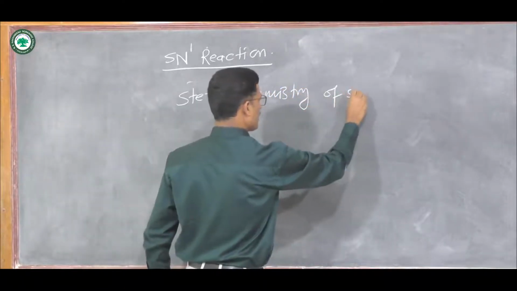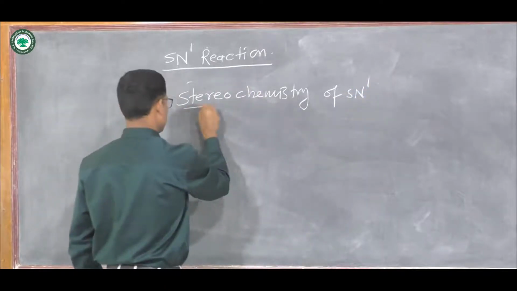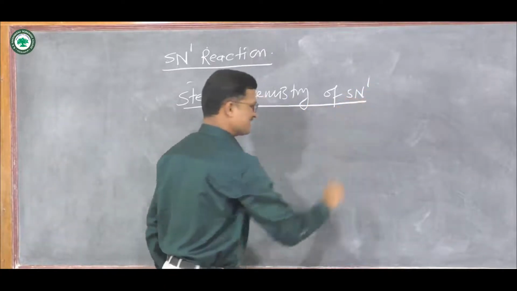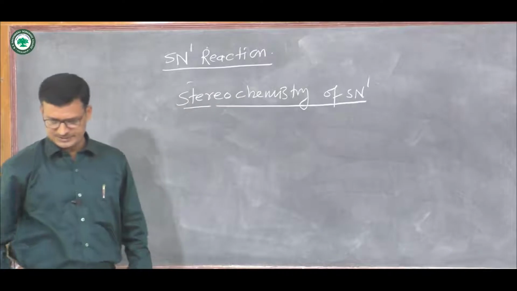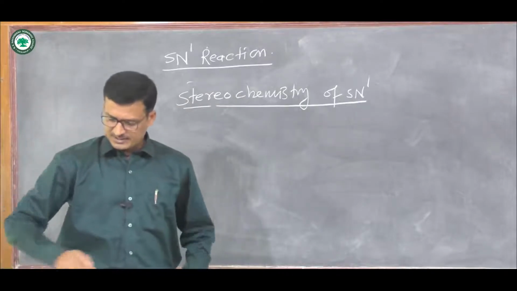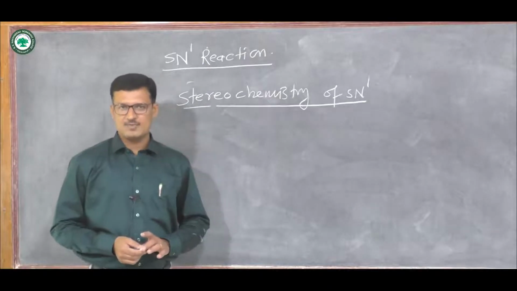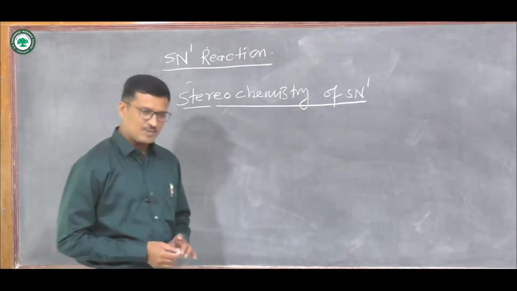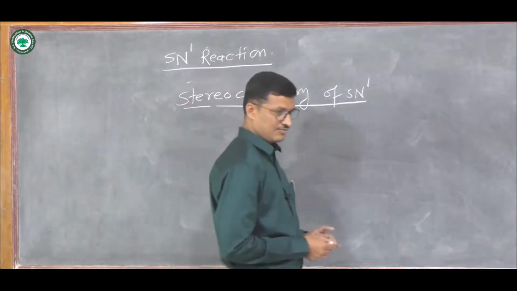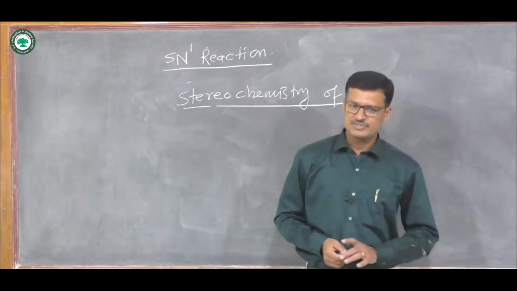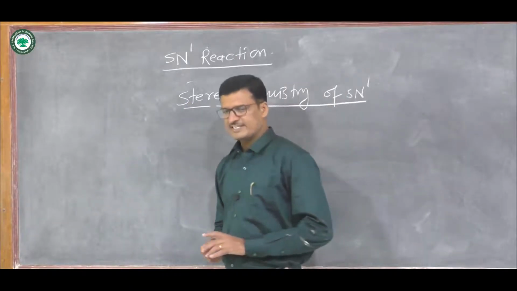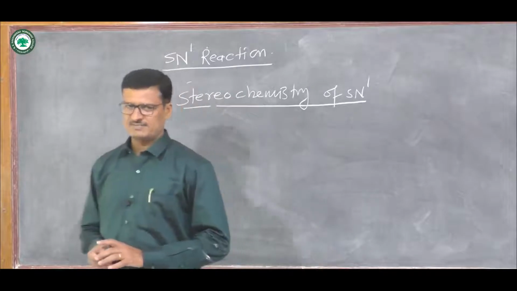Stereochemistry of SN1. So what happened in case of SN1, we already discussed. We have seen that in SN1 reaction there is a formation of a planar carbocation. And when the planar carbocation formation takes place in the first step, and this first step is a slow step, in the second step the attack of nucleophile takes place.